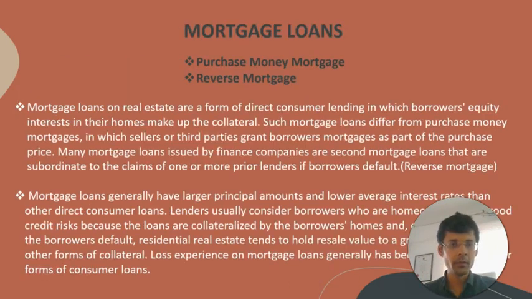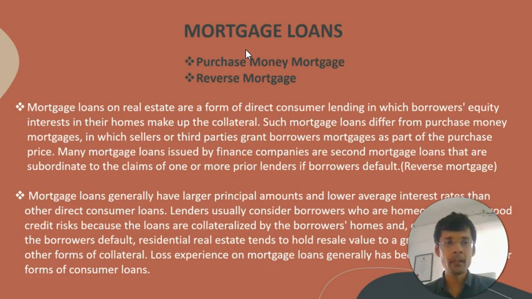So here, let's discuss the mortgage loans. Mortgage loans are basically where there is a levy and a mortgage given on certain assets, and then the loan is given. The period span of those mortgage loans is also longer, and these are generally for real estate projects.